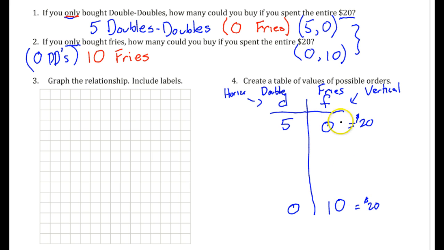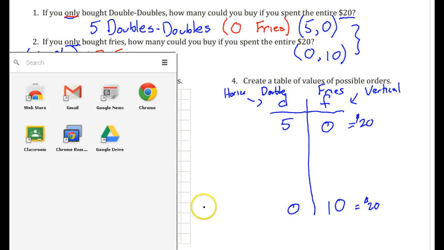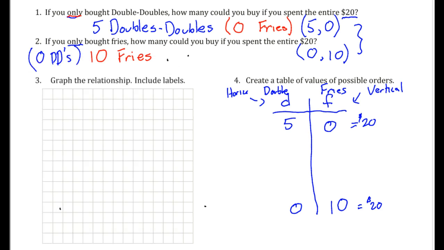So what are some other combinations of burgers and fries that cost $20? All right, go ahead and figure those out. What are all the other combinations that add up to $20? Okay, so if you got 4 double doubles, that costs $16. How many fries can you afford?